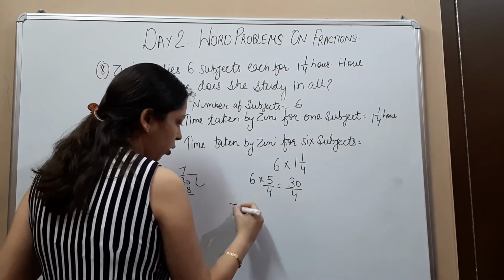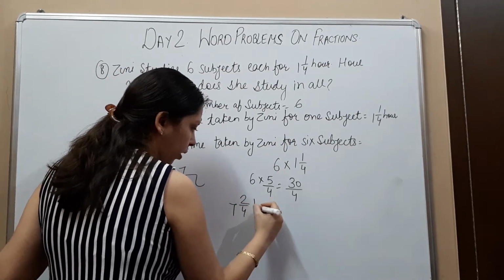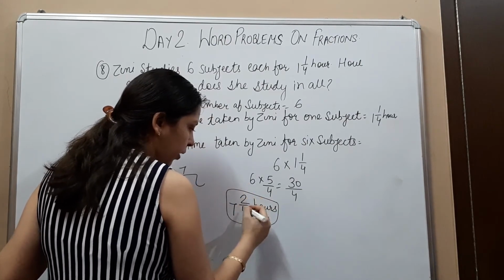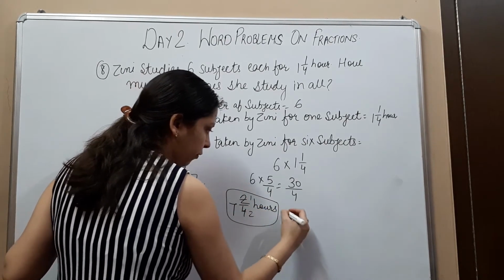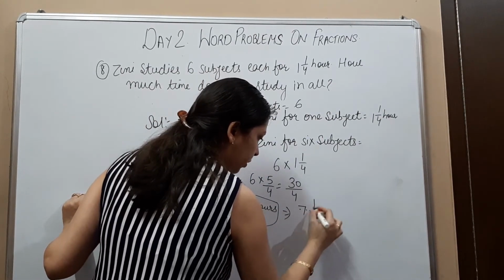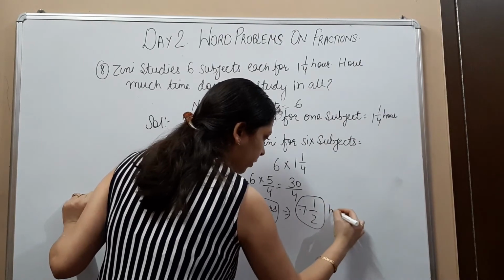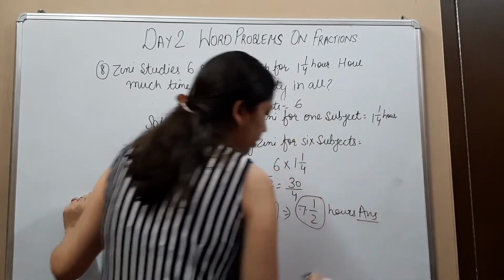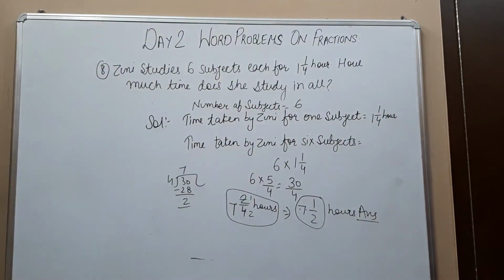It's 7 whole 2 by 4 hours, the time taken by Zuni to study 6 subjects. You can even simplify it. So your final answer is 7 whole 1 by 2 hours. This is the answer. It means she studied for 7 whole 1 by 2 hours. I hope you get this question.